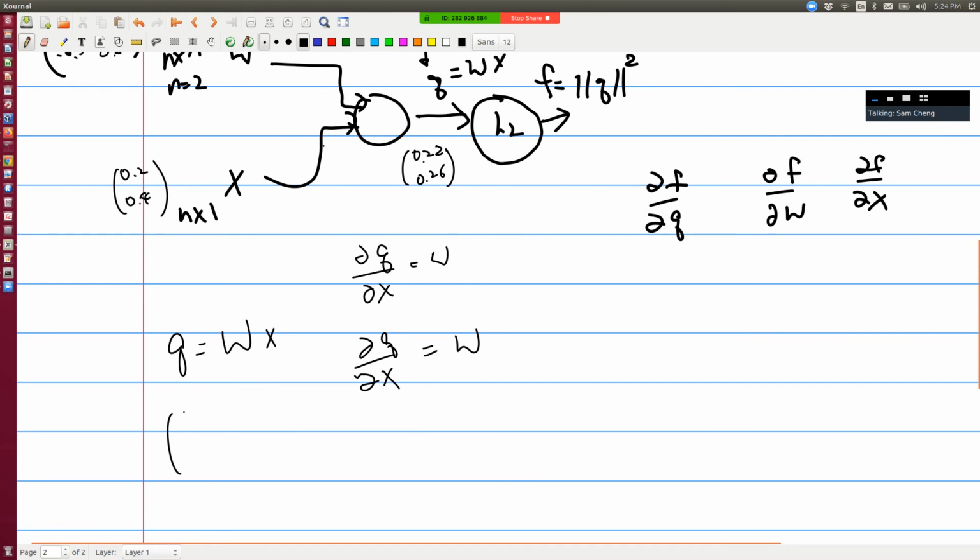So you have q1 up to qn equal to W11 and so on, times x1 up to xn. This is the W matrix.